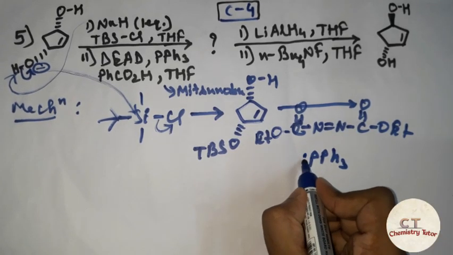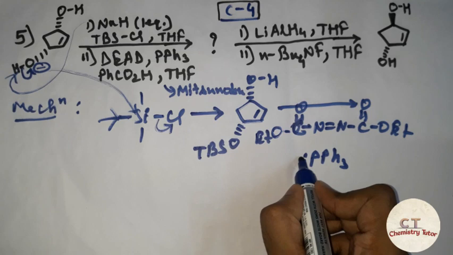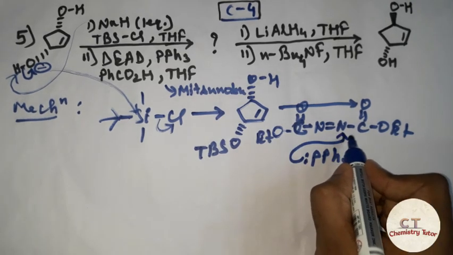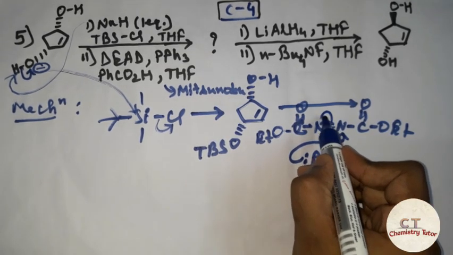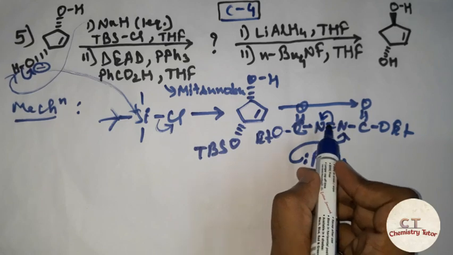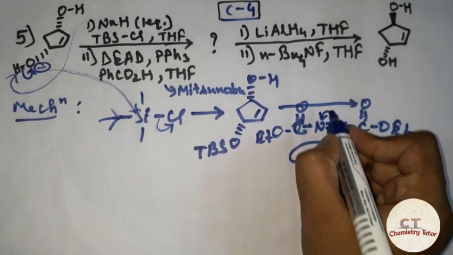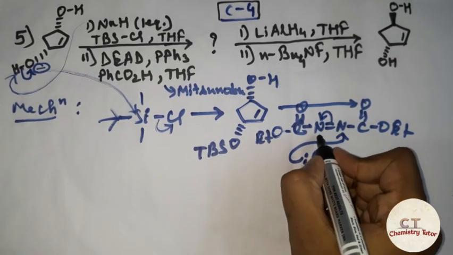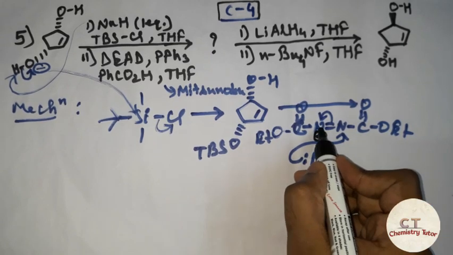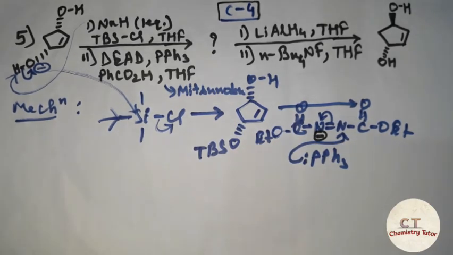First of all, the lone pair on phosphorus is going to attack the nitrogen atom. Then there will be generation of negative charge over here, and this negative charge is stable because it is on an electronegative atom and can also undergo conjugation.